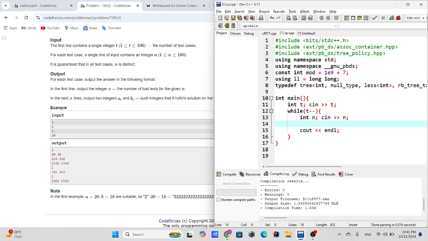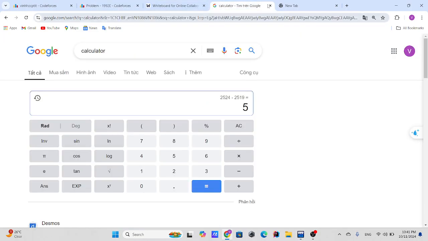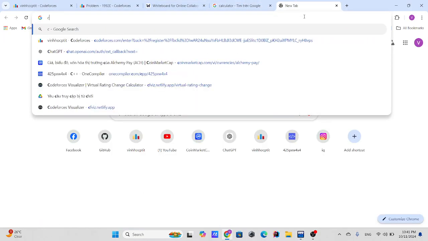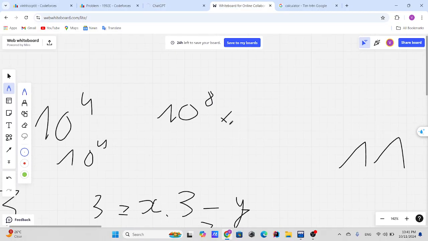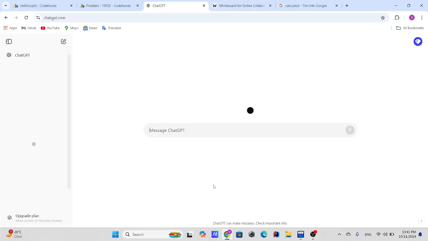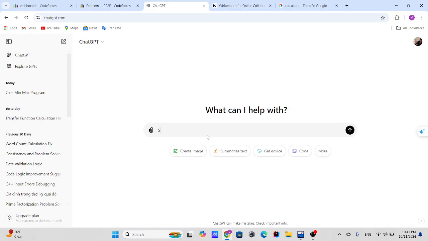Should I use the brute force approach? Is 5 multiplied by 10 power 8 adequate for Codeforces?